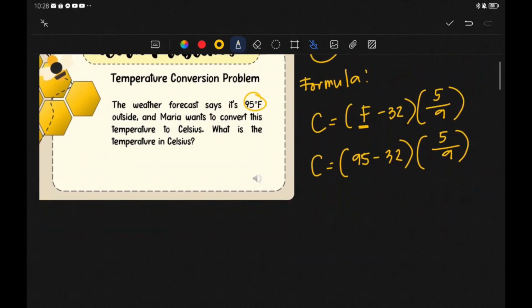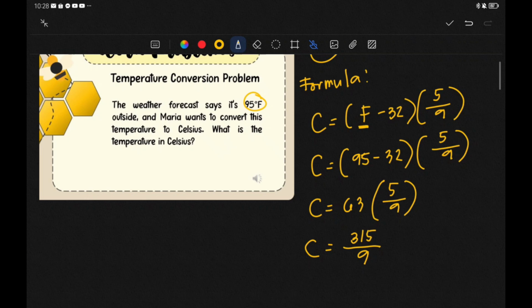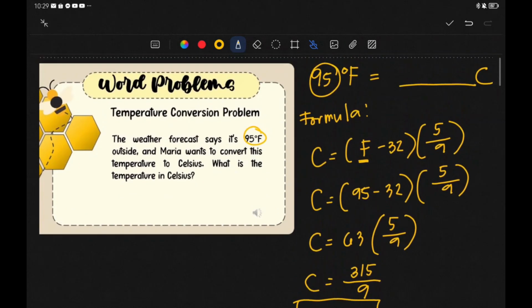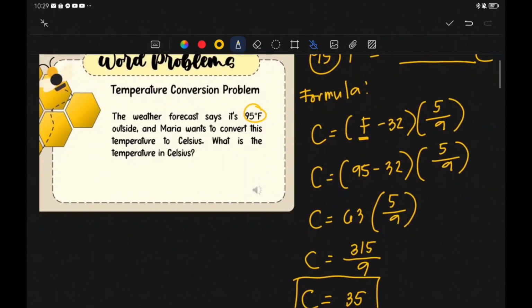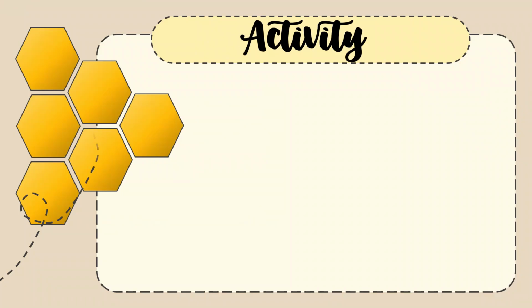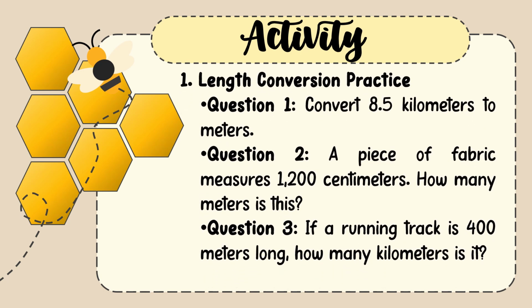So 95 minus 32, that is 63 times 5 over 9. 63 times 5, that is 315 divided by 9. So the answer is 35. So 95 degrees Fahrenheit is equal to 35 degrees Celsius.